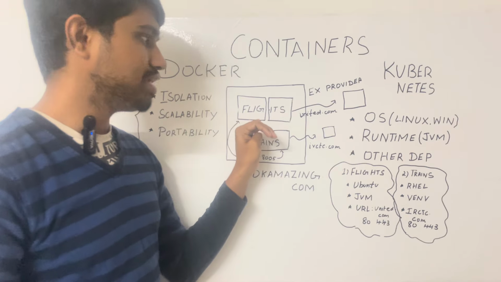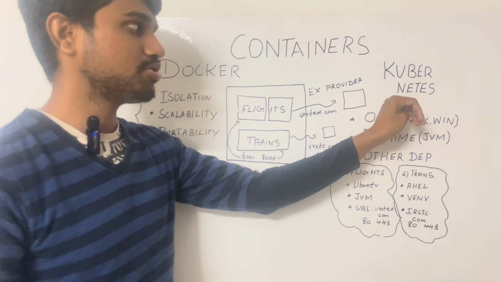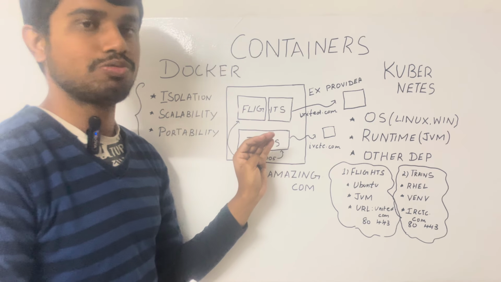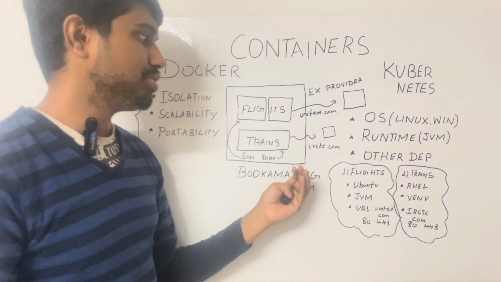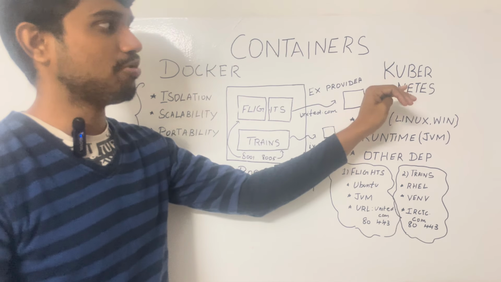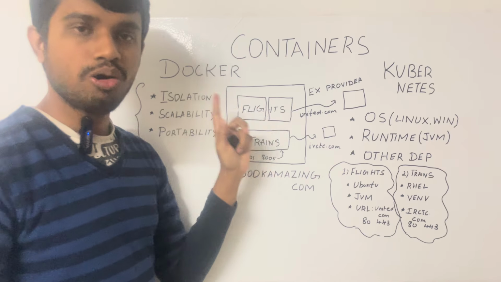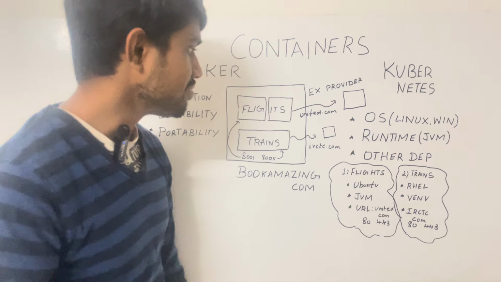So if one of these things goes down, this will make sure that it comes up again. It will also give you a lot of ways to configure, like how many containers you want, how much memory it should use, how much CPU it should use, and you can just say whatever you want and then sit back and relax. It takes care that all your applications are running as expected, right?